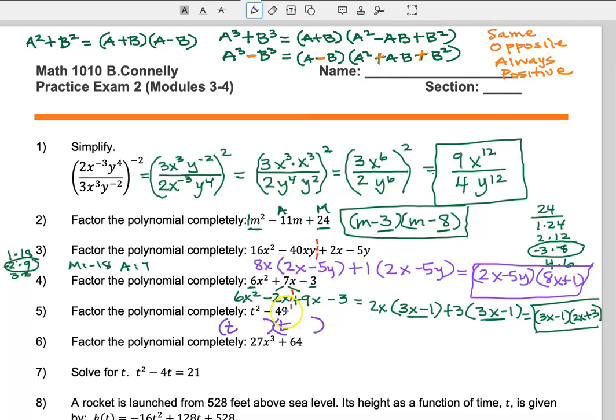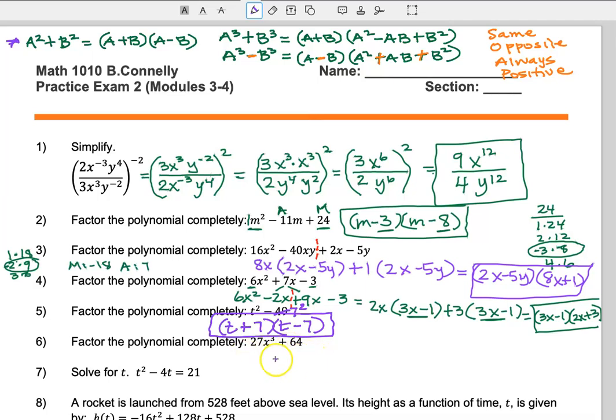So remember, that is what I kind of need to think of it as, because 7 is my number that's going to go in here. So I'll have t plus 7 and t minus 7. The other way you can think about it is what multiplies to be negative 49 that adds to be 0, because we don't have a t term in the middle. So that's another way you can think of it, where you don't have to have this memorized up here if you know that other way.